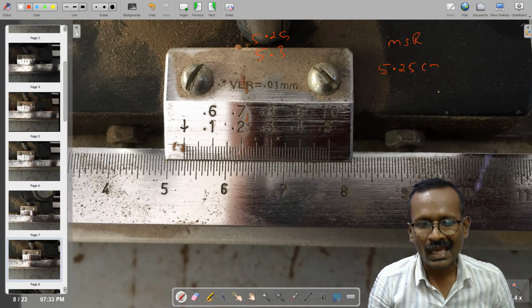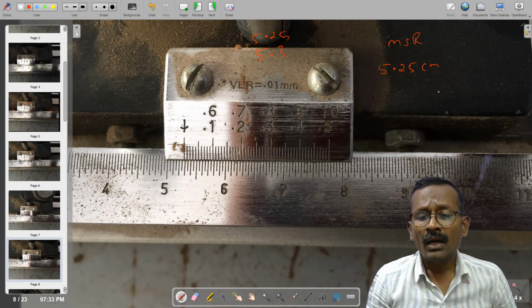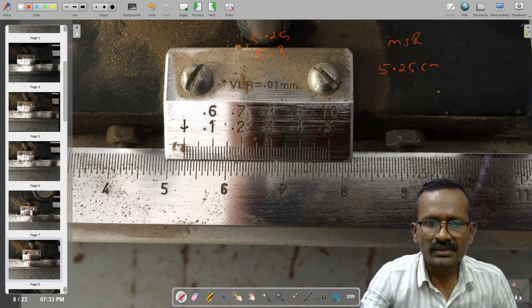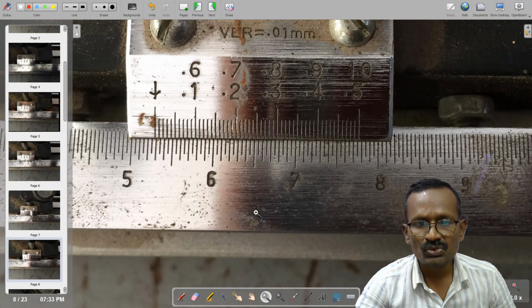Which line in the vernier scale coincides with any line of the main scale? Okay, which one? I just zoom this view.